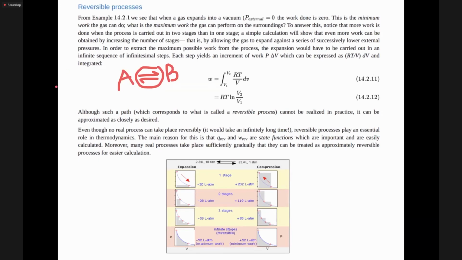In my last class, I shared this fact that when P external, the pressure against the gas, is zero, the net work done by the gas will be zero. So when P external is zero, then the work done W will also be equal to zero.